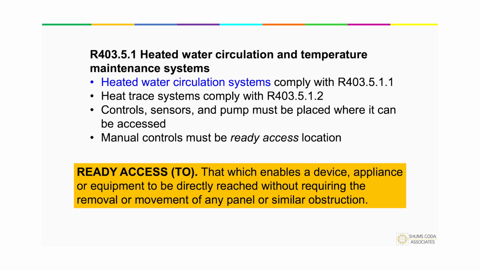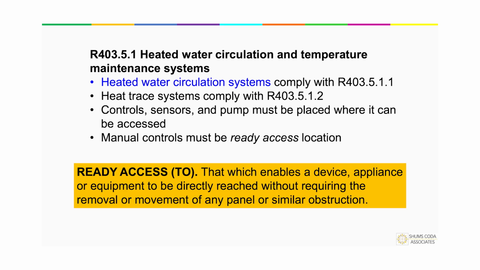If it's a heated water circulation system, we're going to take a look at 403.5.1.1. We're also going to talk about heat trace. Anybody using heat trace up here? I'm sure I've seen a lot of your plans. I know you use heat trace up here. It gets cold. And so there are some control requirements.